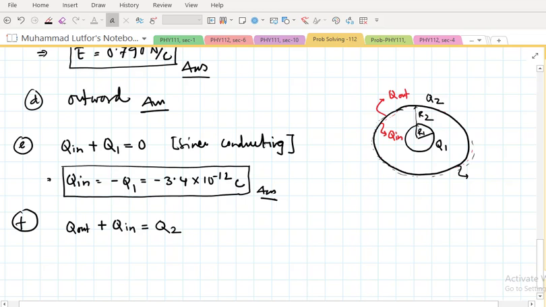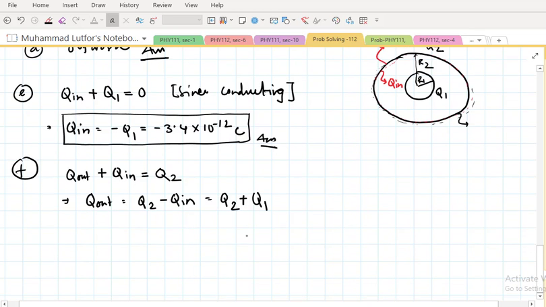Whatever the charge inner and outer must be the Q2, which is the total charge of that conducting shell. Then we can write that Q outer surface would be Q2 minus Q in, which is Q2 plus Q1, right? Because Q in is basically minus Q1.